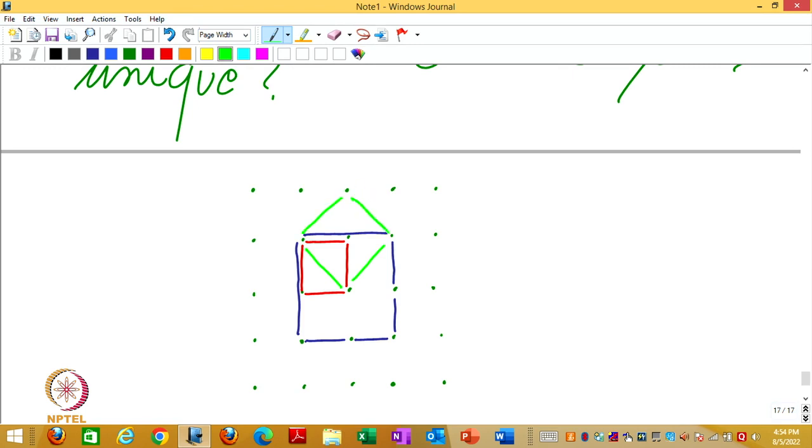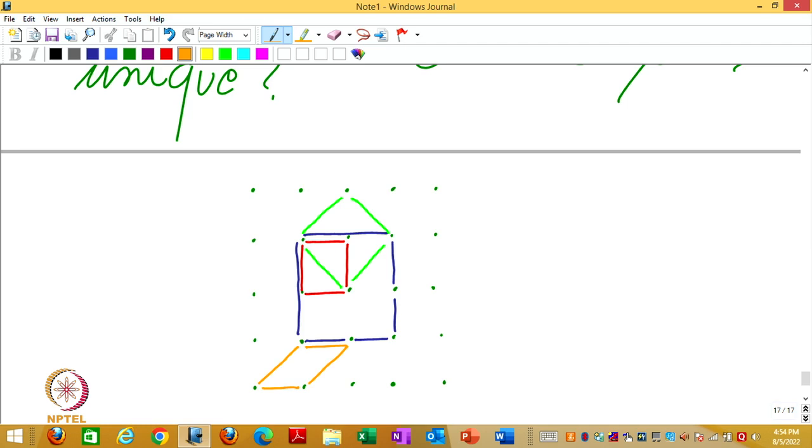You meant something like this? Oh, so shape. So, you can change the shape also, it need not be perpendicular. Something like this.